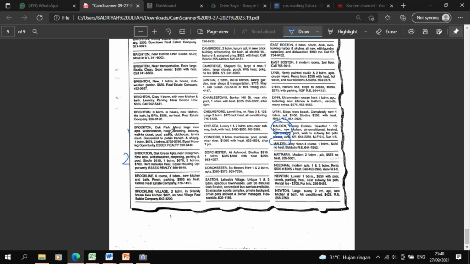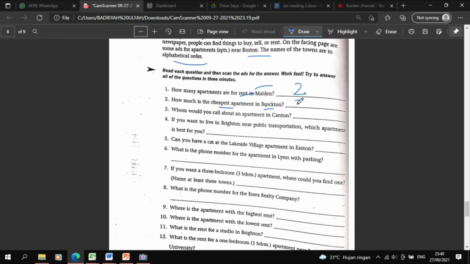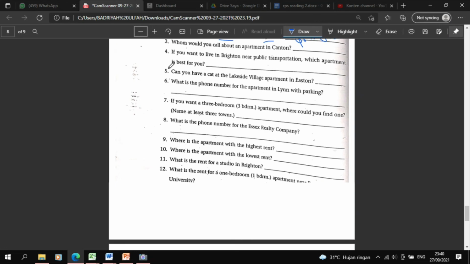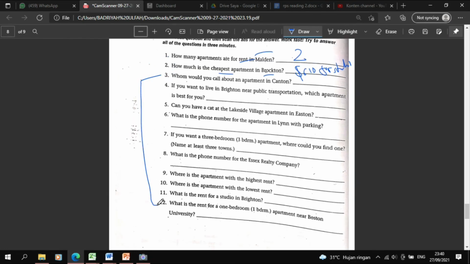The cheapest one, this one is 675, this is 735, and this one is 610. So that's why you can write here studio. 610 for studio, right? Okay, so please answer 3 until 12.